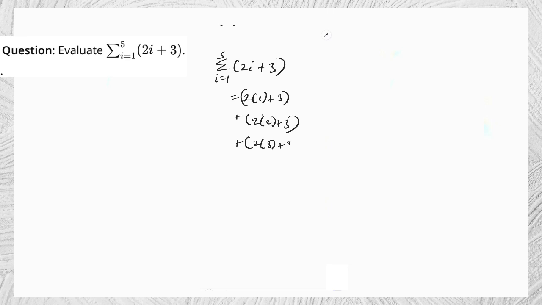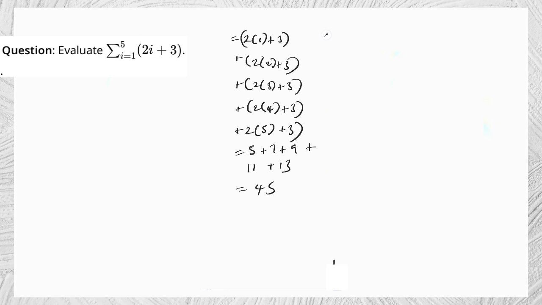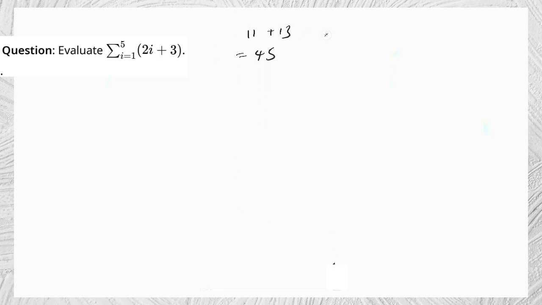For the second one, you are going to put 2 in i, that's 2 times 2 plus 3. For the third one, you are going to put 3 in i, and that will be 2 times 3 plus 3. And for the fourth one, you are going to put 4 in i, and that is 2 times 4 plus 3. And for the last one, you are going to put 5 in i, and that's 2 times 5 plus 3. And this will give you 5 plus 7 plus 9 plus 11 plus 13, and the total will give you 45.